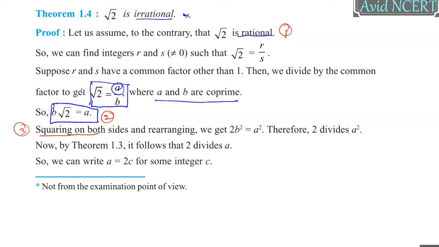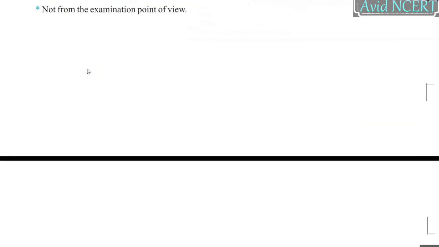From this we get 2b square equals a square. Since 2 divides a square, by theorem 1.3, 2 also divides a. So we take c equals a by 2, and by cross multiplication we get a equals 2c for some integer c.